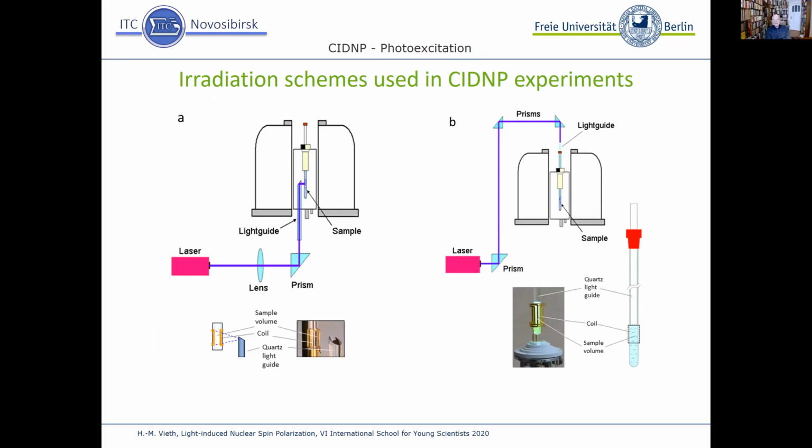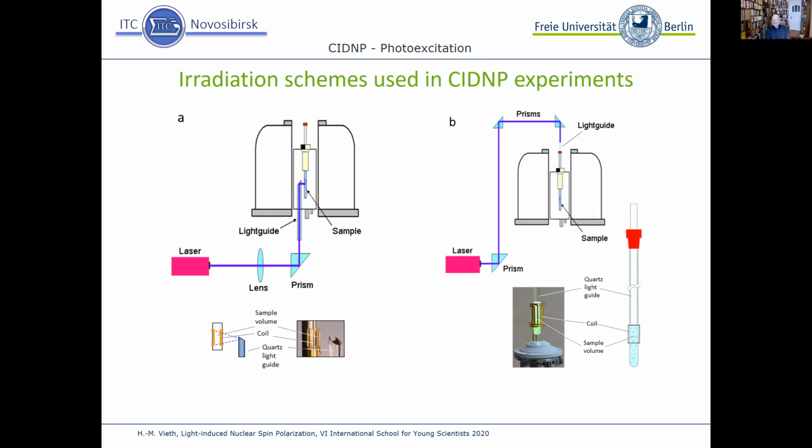Here, to show you some experimental details, is the irradiation scheme. What you want is to shine light into your sample, and that's either done by a prism and from the side by, in subplot A, a light guide, or it can be done by a light guide from the top.